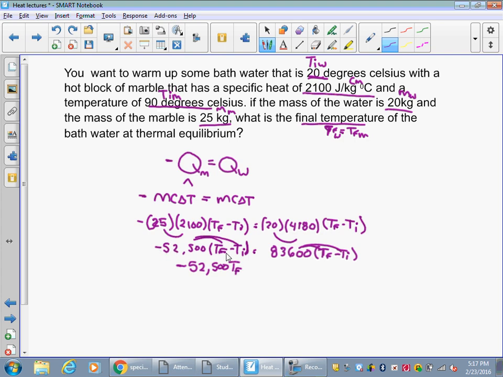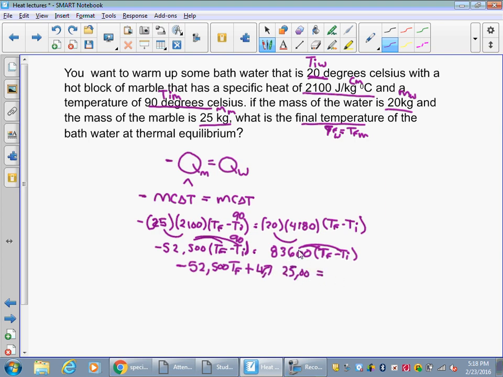And minus times a minus is a plus. So what was my temperature initial for the marble? 90 degrees. So I'm going to plug a 90 in here. Negative 52,500 times negative 90 is 4,725,000.